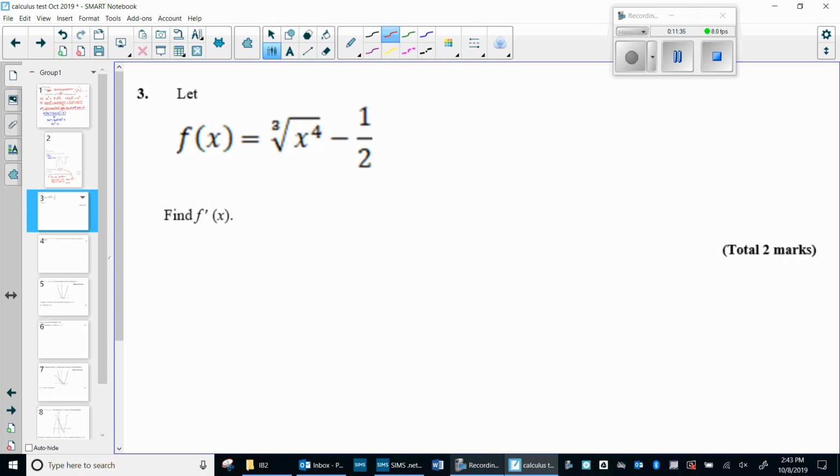We cannot differentiate something when it looks like this, so you have to rewrite it as x to the 4 over 3. Roots grow in the ground, the power is on the top. So that's f of x. Remember, you don't start writing f dash x until you start differentiating it.